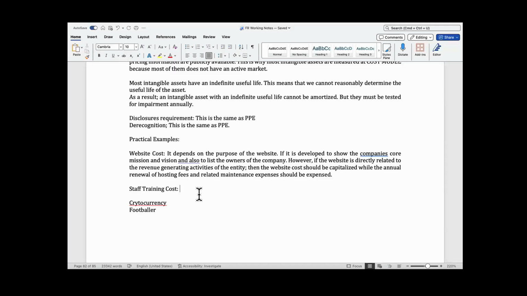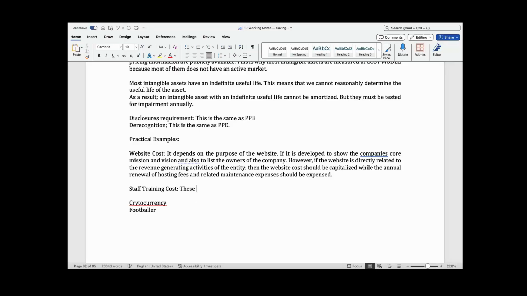Can you measure the benefits you will get from it? You know your training costs, which you should expense. But how much benefit are you going to get? You don't know, because the staff can leave anytime, and you cannot stop them. The staff can die anytime. So that training cost in itself is expensed.